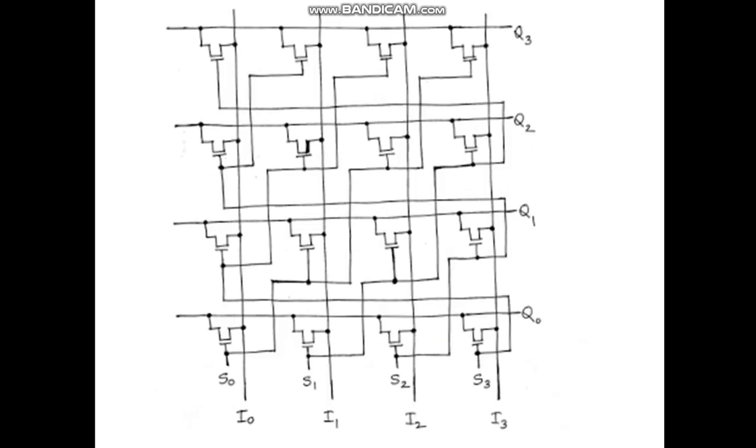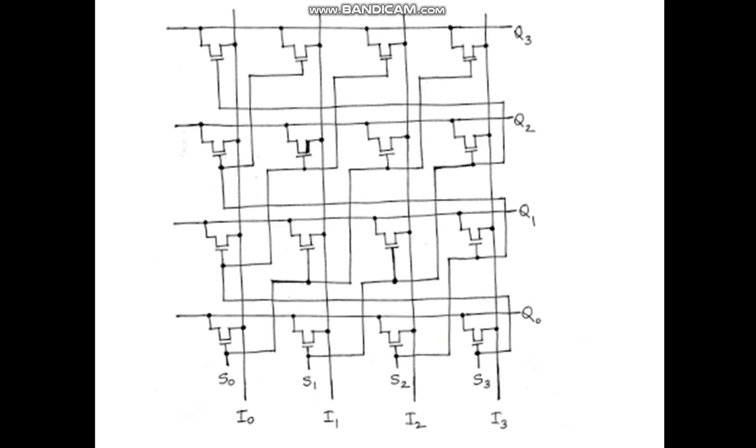Instead of having several control lines to the inputs, you have just 4 control lines, and everything is interconnected. You can see that at a time only one of the control line inputs, either S0 or S1 or S2 or S3, is turned on.